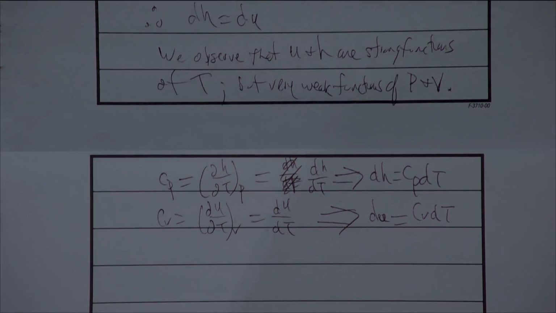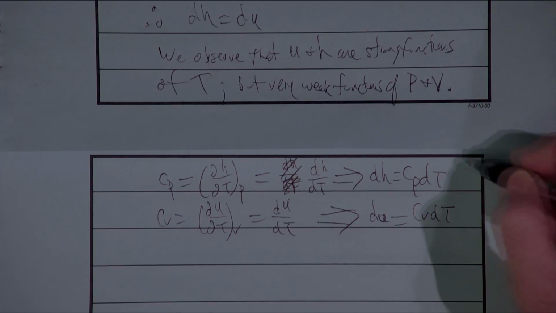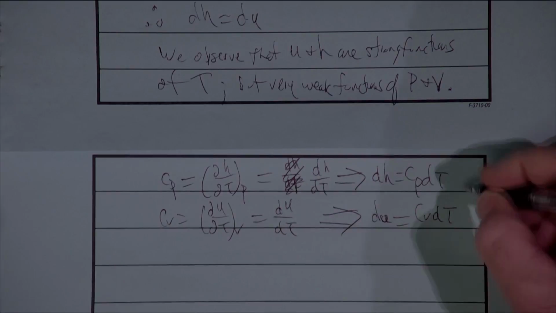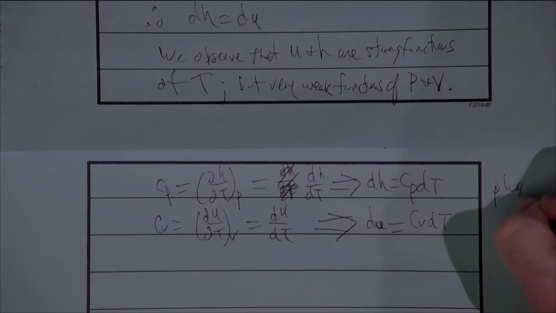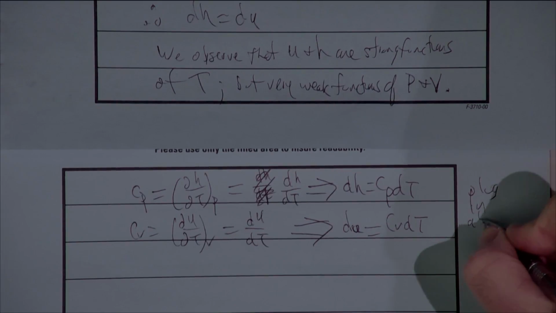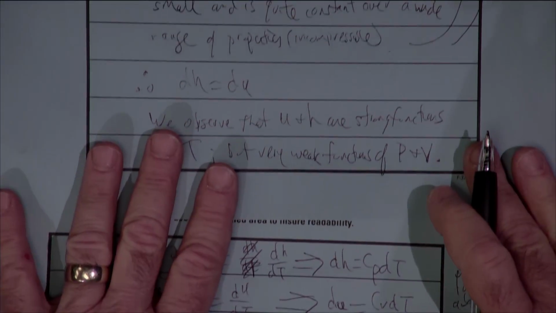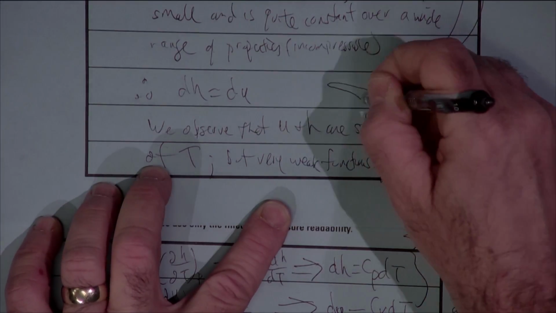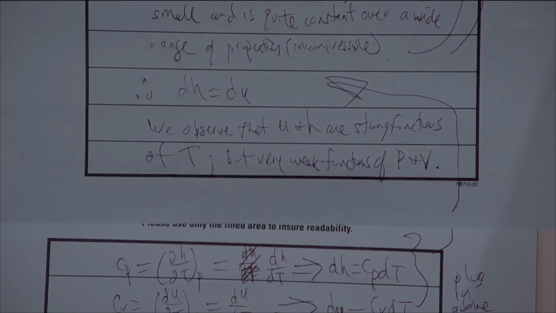Okay. Now what we can do is we could simply plug both of those into the general equation above. I'm going to plug these two just into that equation above.